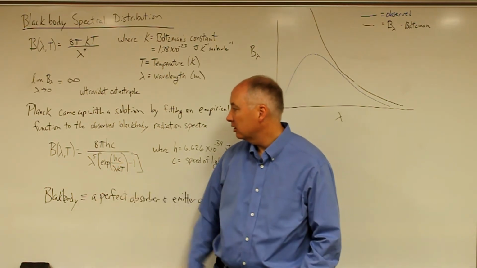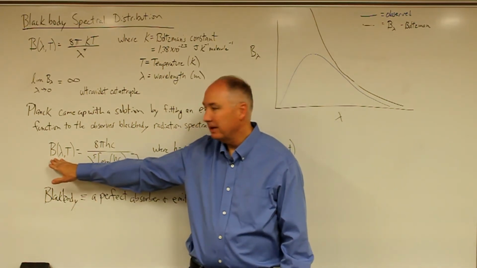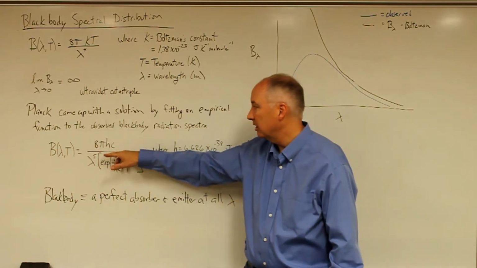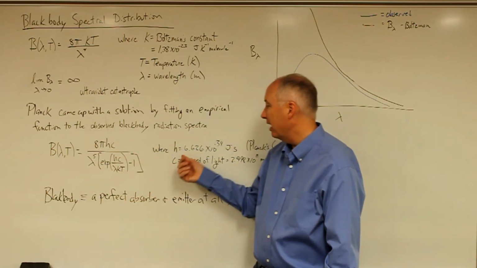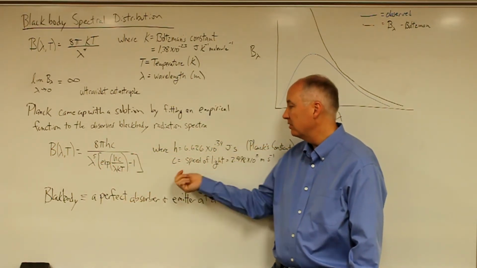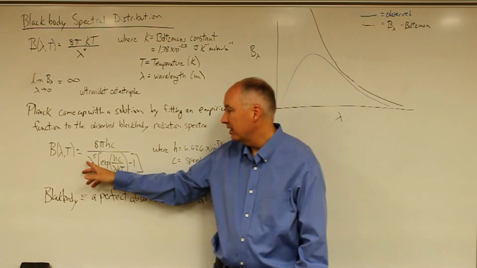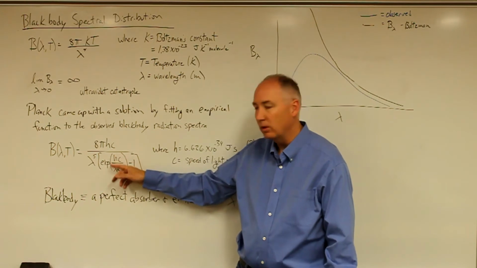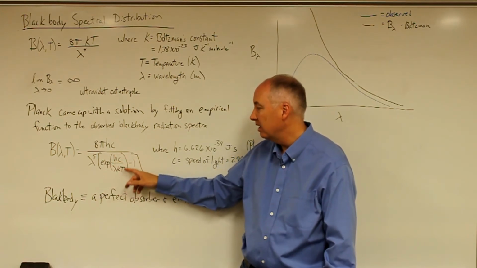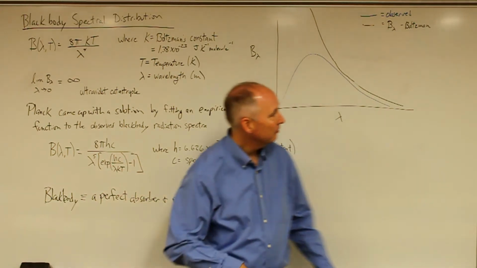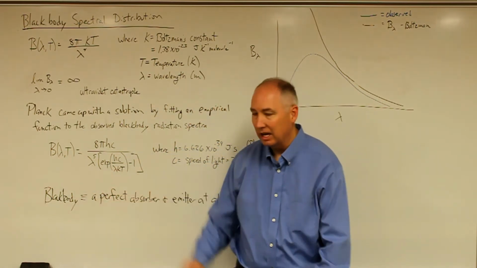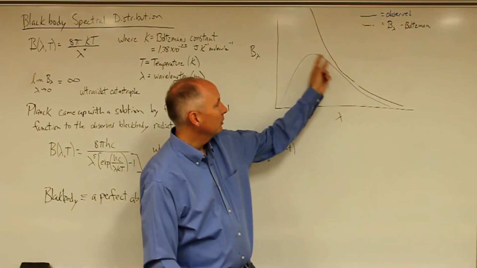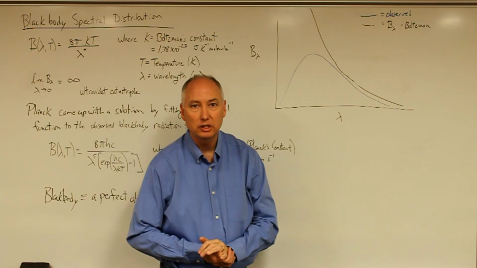This empirical function is that the blackbody radiation distribution is equal to 8 pi hc, where h is now Planck's constant, c is the speed of light, divided by wavelength to the 5th times the exponential of hc over lambda kT, minus 1. That formulation actually does a very good job of reproducing the data for blackbody radiation spectra.